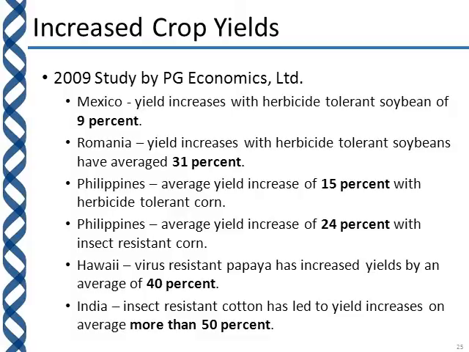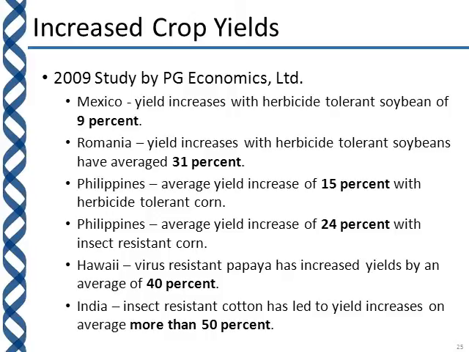In Romania, yield increased with herbicide-tolerant soybeans an average of 31%. In the Philippines, the average yield increase of 15% was observed with herbicide-resistant corn. Also, they saw a 24% increase with insect-resistant corn.